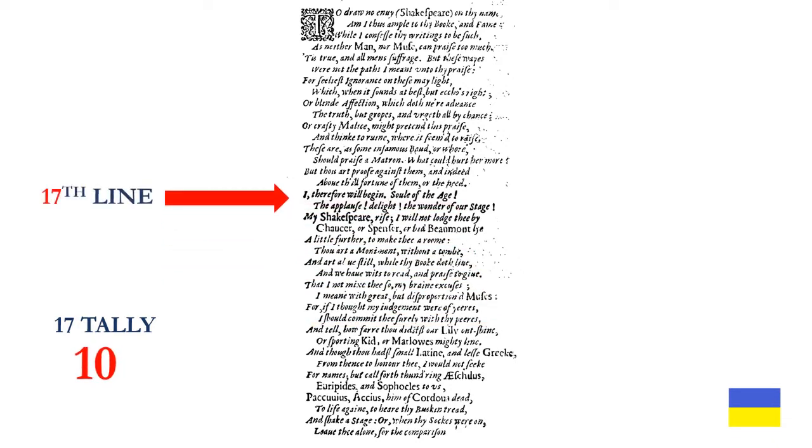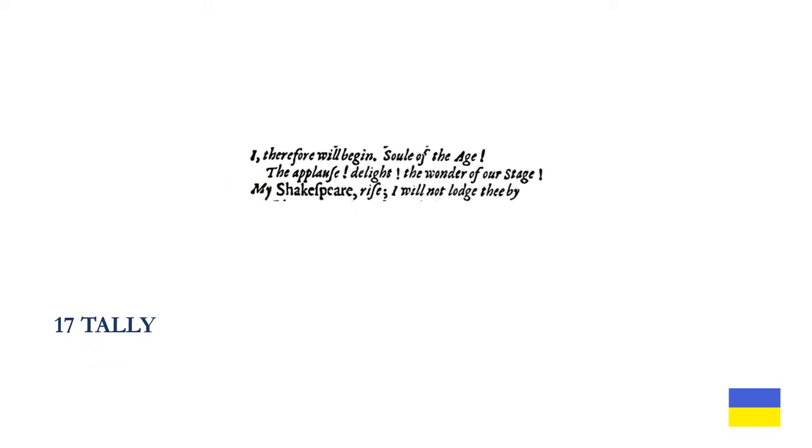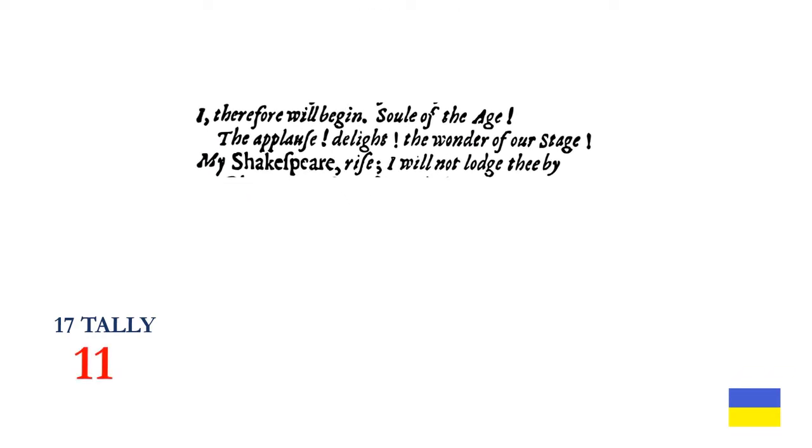Now we look at the 17th line. It begins with, I therefore will begin. Alexander Woe was one of the first people to notice that this is exactly where Jonson wants us to start the real poem.